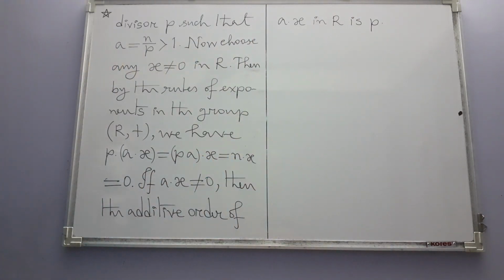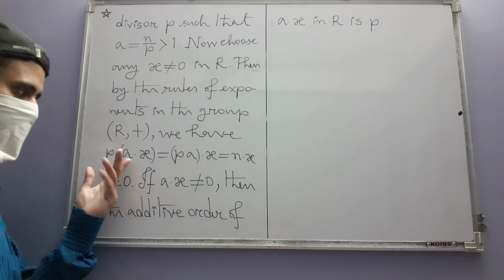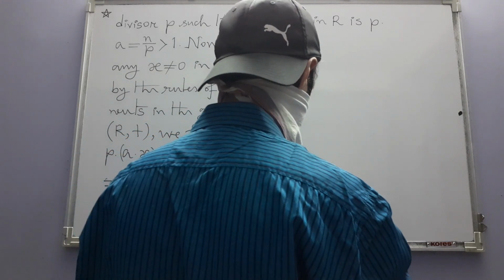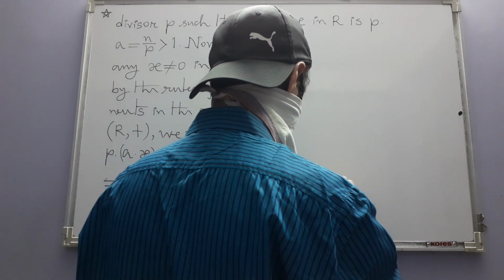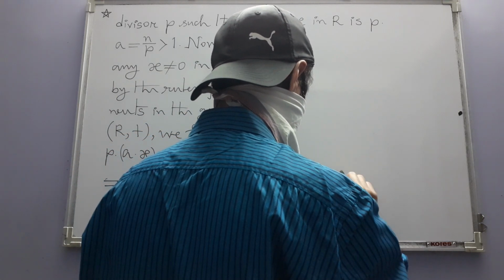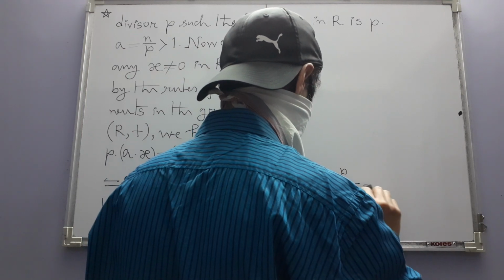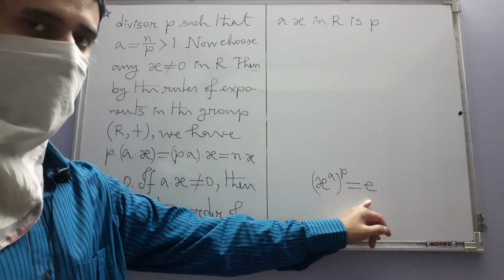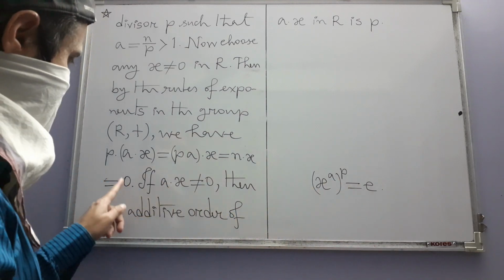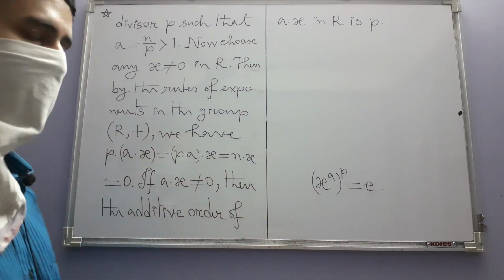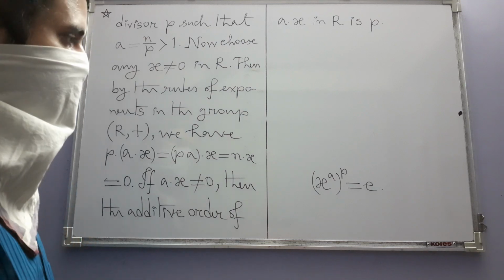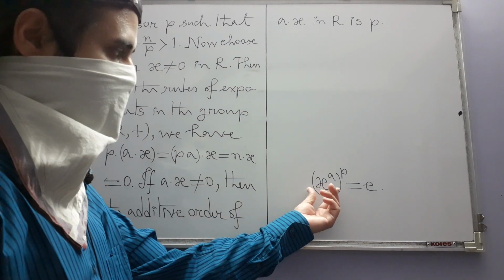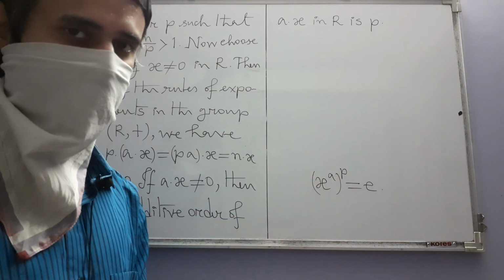Why? Let us again write this in multiplicative notation in this group. I have written e here in place of 0 to indicate the fact that this 0 is the identity element in this additive group. Now from this equation, can we say something about the order of x to the power a?